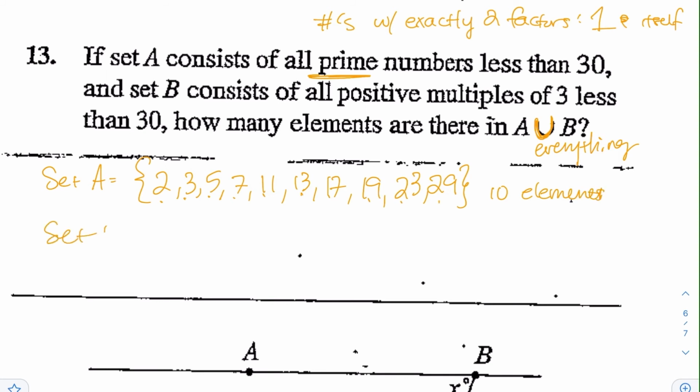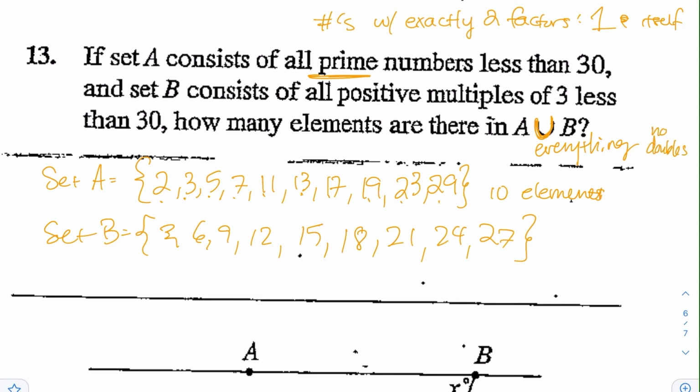Now for set B, it's all the positive multiples of 3. So it's 3, 6, 9, 12, 15, 18, 21, 24, and 27. Now, you want to combine everything, but you don't want to repeat the duplicates.